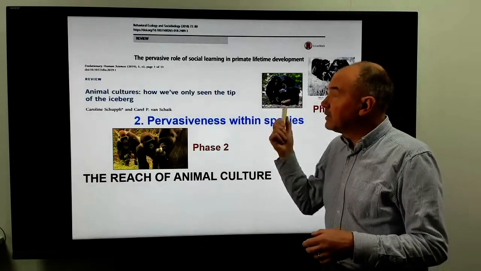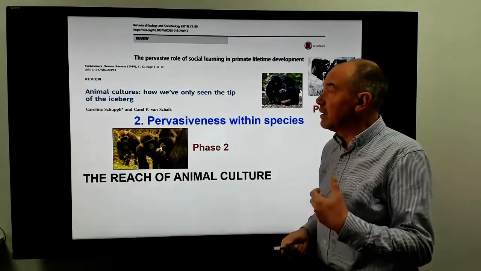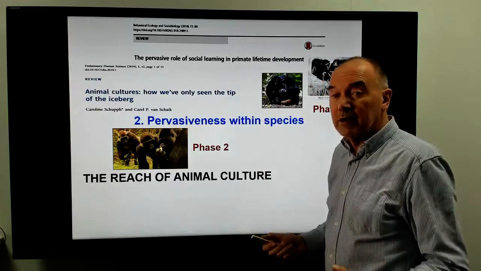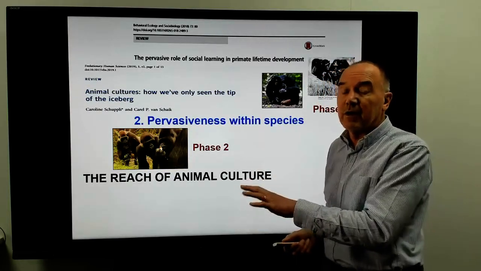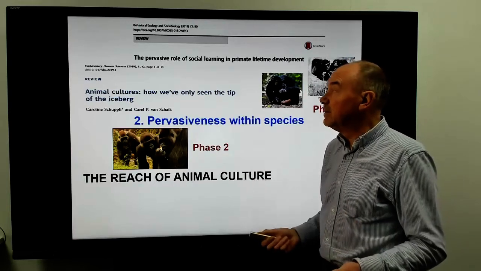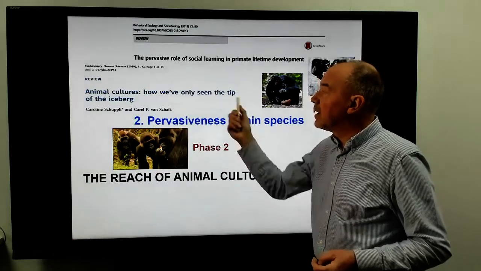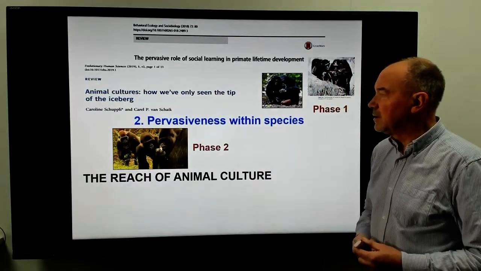Here, if we count up the number of things that the youngsters peer closely at in this way, it can be well over 100. In one study of the orangutans, over 190. Well, that's quite a recent controversial claim. We'll have to see where that goes, but it's worth noting at this point.